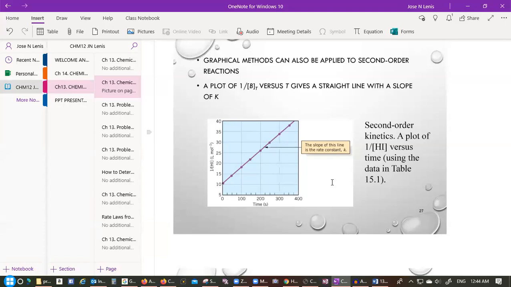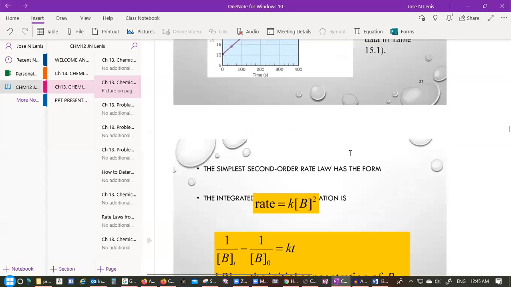shows, as I did before, the linear behavior when you plot 1 over concentration against time. In this graph, you see it gives a straight line with positive slope. So your conclusion is this is a second order reaction.